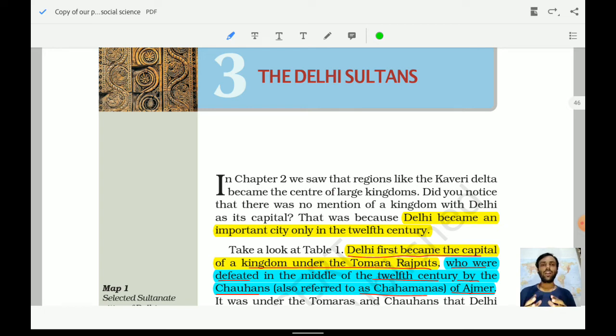It was purely for a political purpose, and the army people were mercenaries, meaning they used to work for the army for payments, right? Any army could hire them. These armies could be hired by different kings or kingdoms. So this was the meaning of mercenaries.